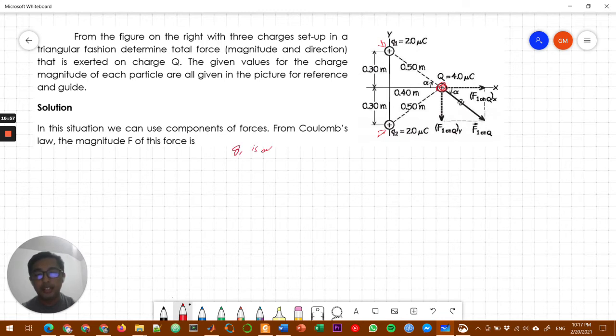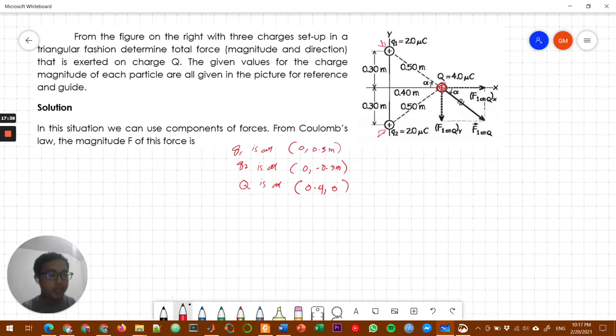Q1 is located at coordinate 0, 0.3 meter. Then Q2 is at 0, negative 0.3 meter. Now charge Q is located at x equals 0.4 and y equals 0. So 0.4 meter, 0.